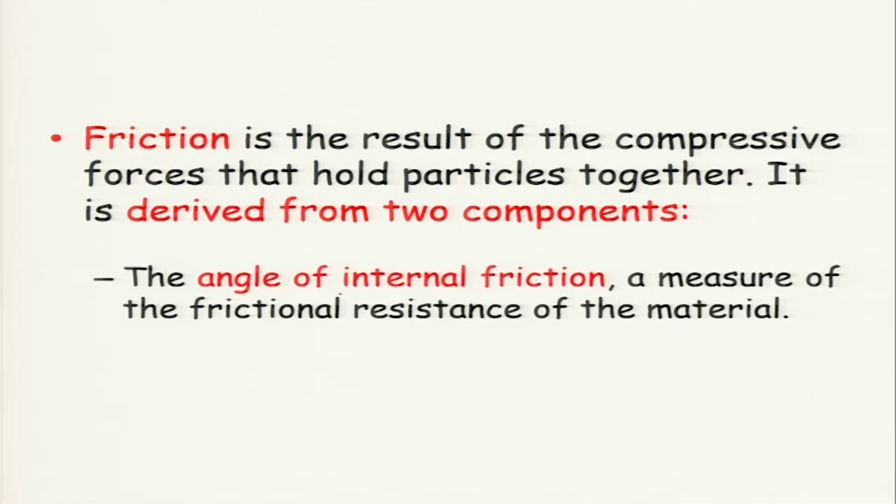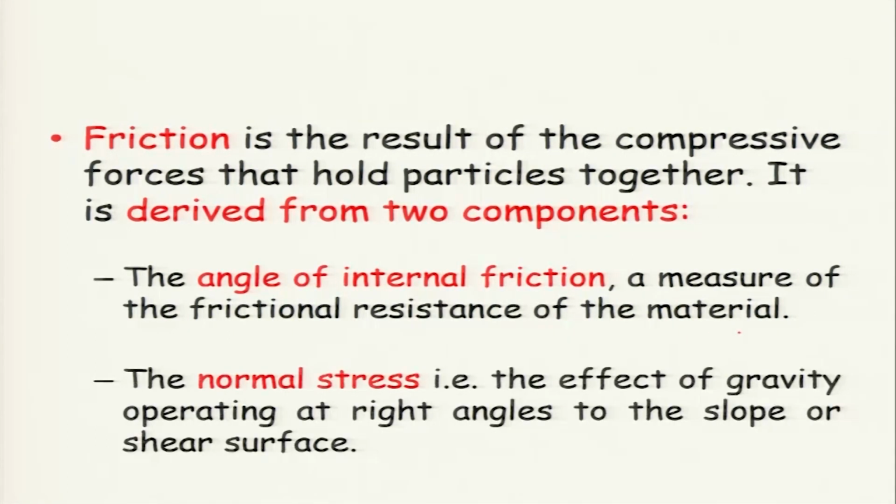One is the angle of internal friction, that is a measure of the frictional resistance of the material. The other is the normal stress. These are the two components which will eventually give the friction component. Normal stress is the effect of gravity operating at right angle to the slope of the shear surface, that is your potential slip plane.